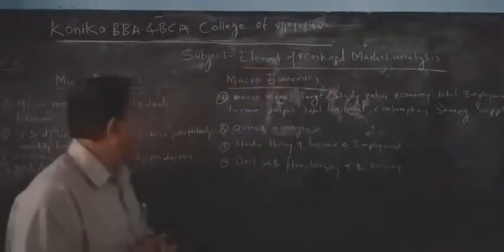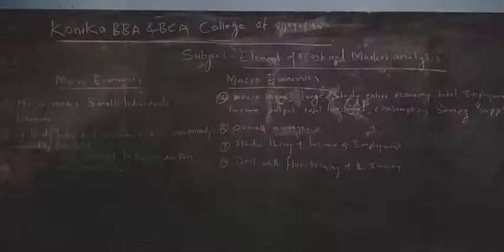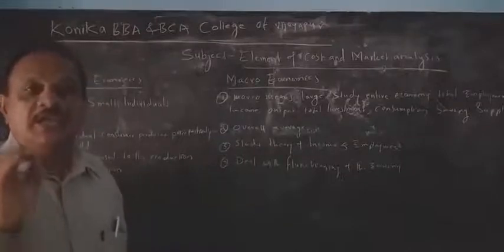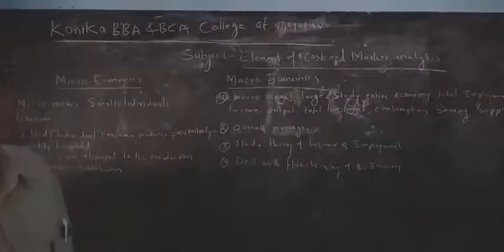Micro means small, individual behavior. It studies individual consumers, individual producers, individual prices of a particular commodity, how much income a household has and how much they will buy in household items. Everything we study individually, the goods and services of a particular area, particular agent or particular distribution, under microeconomics.